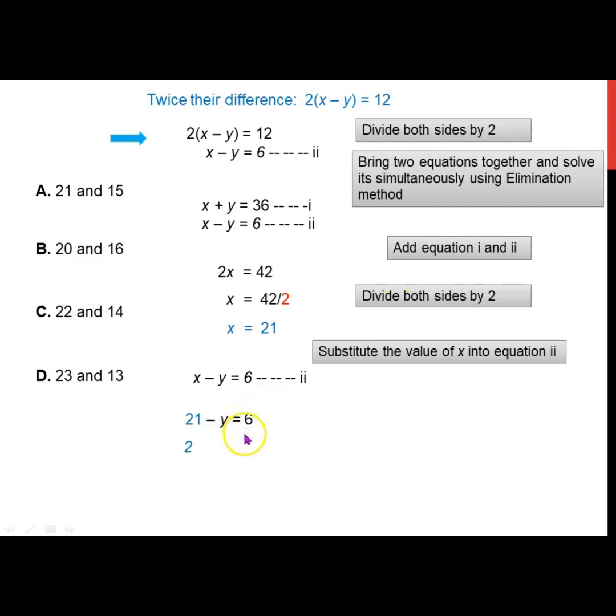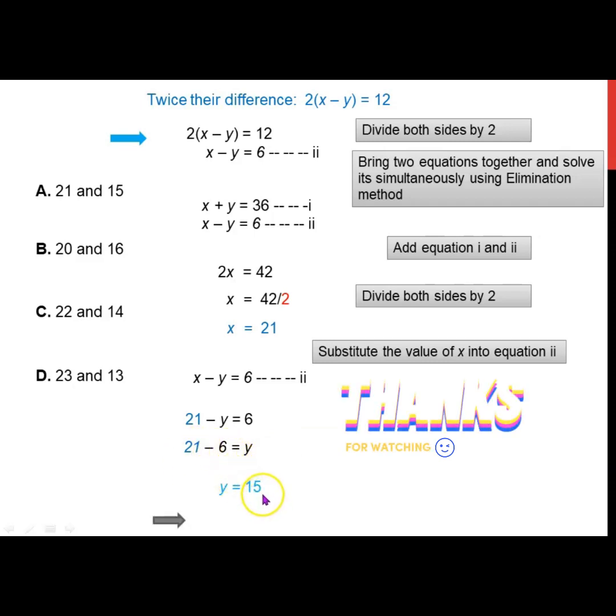If we collect the like terms, the 6 will come to the left hand side and become negative, and the y will go to the right and become positive. So y equals 15, because 21 minus 6 is 15.